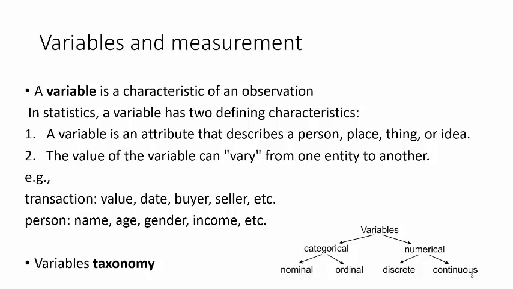Variables can be classified as categorical variables and numerical variables. A categorical variable can also be called a qualitative variable, and a numerical variable can be called a quantitative variable.